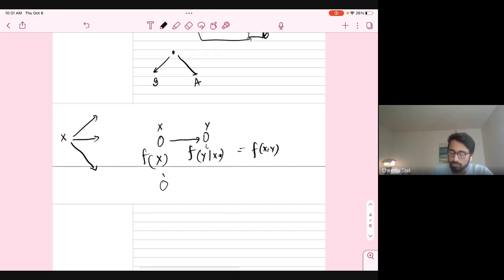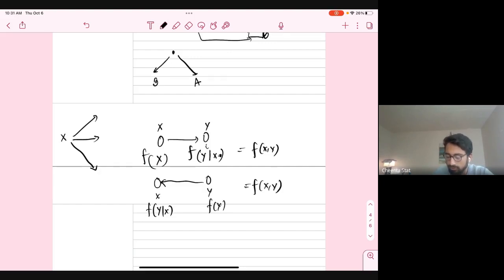Similarly, when x and y are dependent, it's not one way but usually two ways. It's called an undirected graph. So x is dependent on y and y is dependent on x. In this case, you can write it like this, or you can write it like this. If you write it like this, it will turn out to be f of y times f of x given y. So this is also nothing but a joint distribution, right?